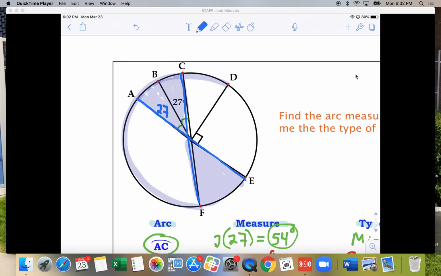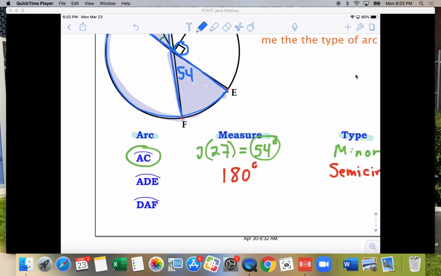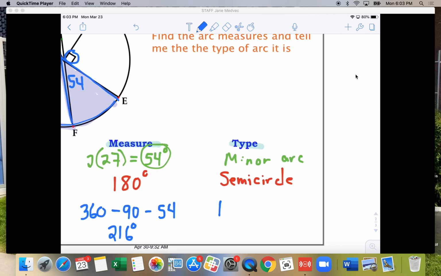So I know that this is 54 degrees, and I don't have to show any work because it's already there. I also know that this is 90 degrees. So if I'm looking at DAF, I'm going to take 360 degrees because that's the whole circle, subtract the 90 degrees, and also subtract the 54 degrees. And so I end up with 216 degrees, which is a major arc.